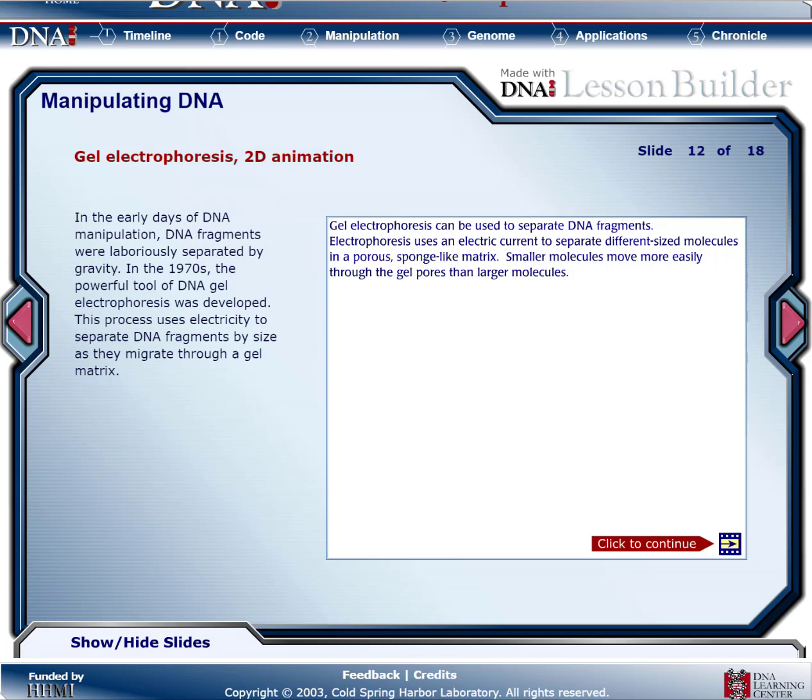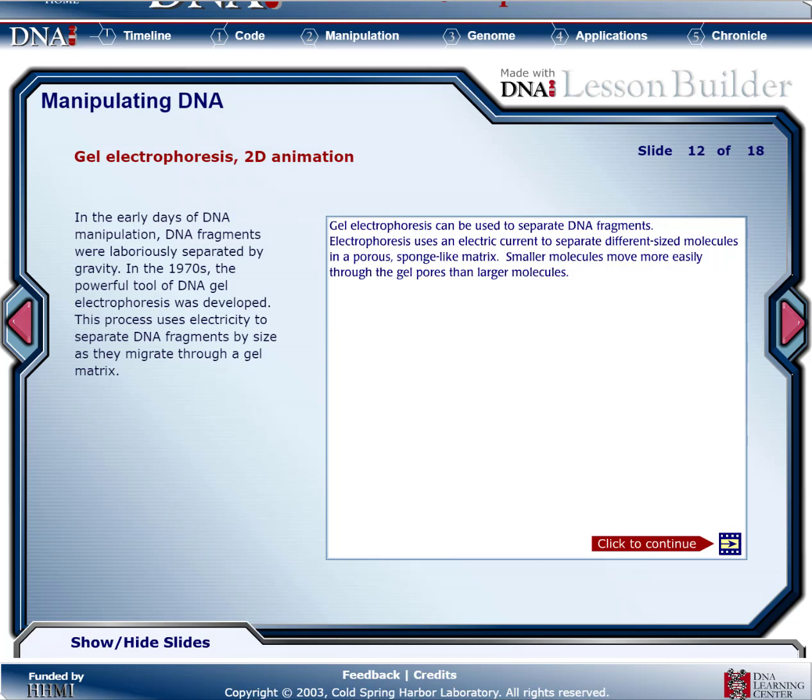The electrophoresis process uses an electric current to separate DNA fragments by size as they migrate through a gel matrix from the negative pole to the positive pole.